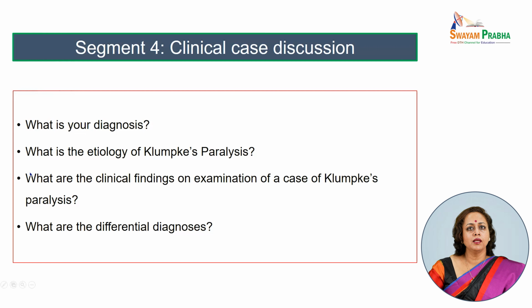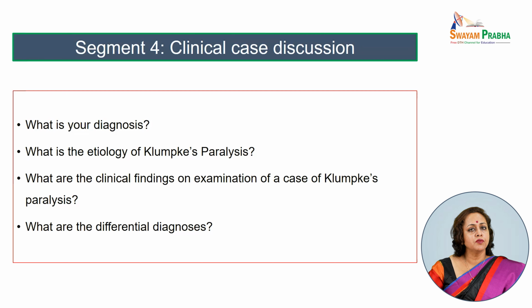Our third question is, what are the clinical findings on examination of a case of Klumpke's paralysis? The most important finding was a true claw hand, which is a deformity wherein there is hyperextension at the metacarpophalangeal joints and flexion of the interphalangeal joints of all 5 digits, as well as sensory deficits of anesthesias and paresthesias wherever there is C8 and T1 distribution, that is along the ulnar side of the lower arm, the forearm as well as the hand.